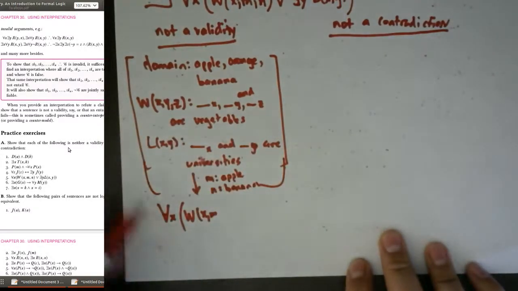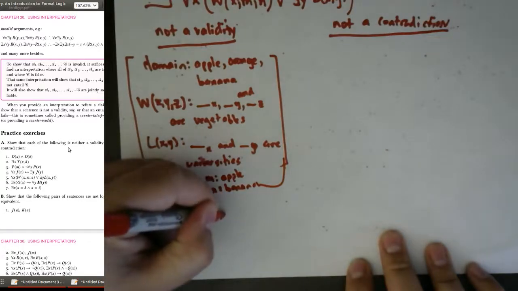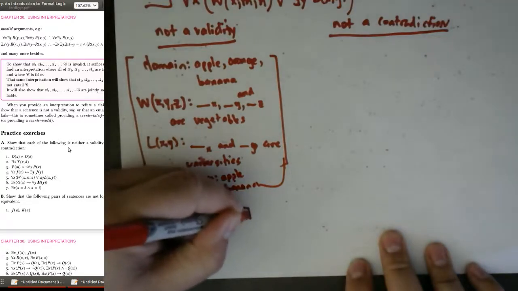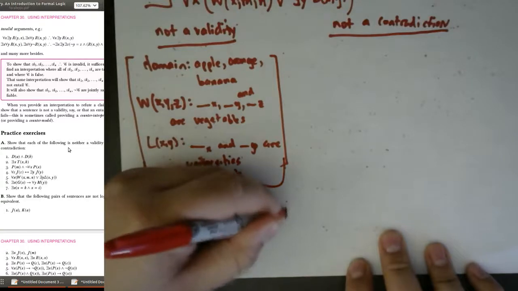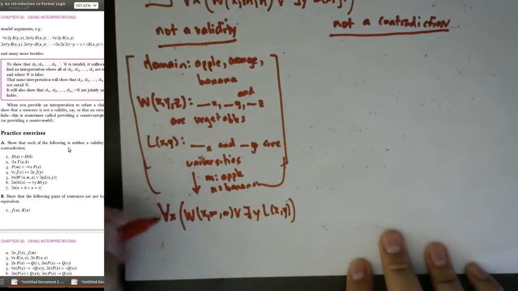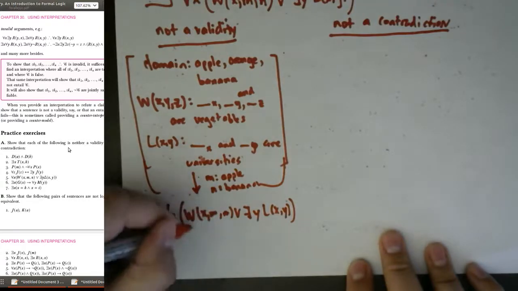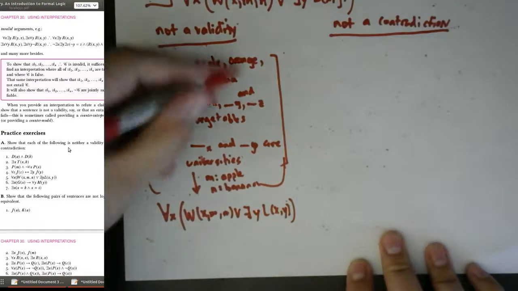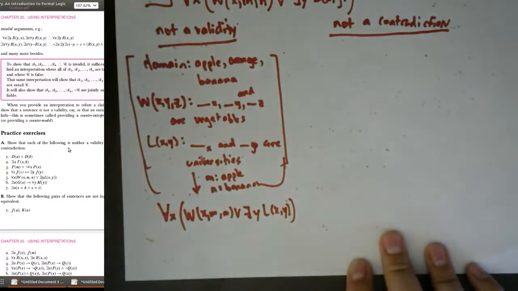Okay. So in this case, for all x, W(x, m, n) or there exists y, L(x, y), this sentence is now false under this interpretation because neither of these predicates is ever true for these things in the domain. So that pretty much does it by fiat.